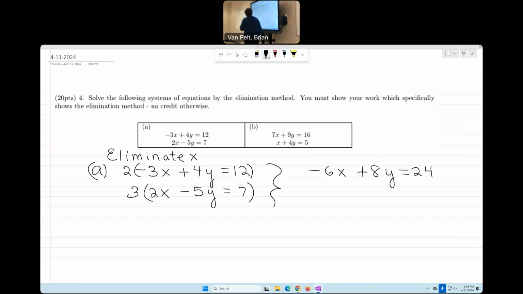And you also want to slow down. You don't want to go so fast that you're just doing things without thinking. I didn't do a -2 or a -3 anywhere because I realized that one of these was going to be negative, one of these was going to be positive. So the other one is going to be positive 6x minus 15y equals 21.